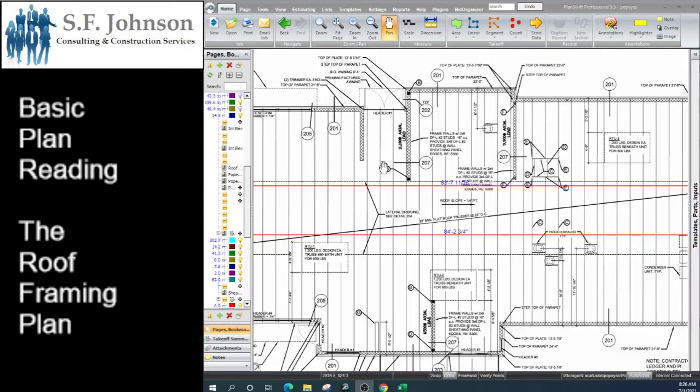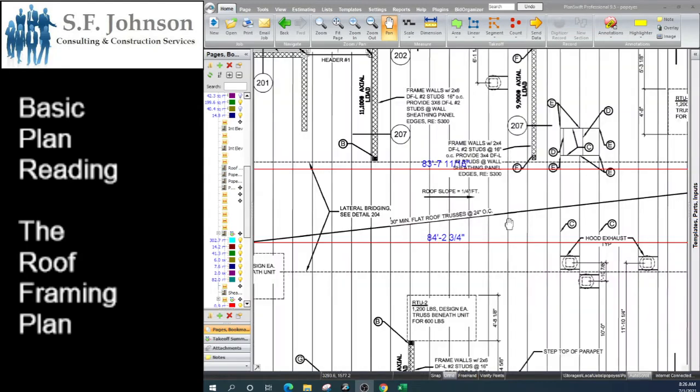The lines here represent the roof trusses, and they are manufactured to fit each roof specifically. So we know that this framing for the roof is flat roof trusses, minimum width of 30 inches, and we're placing them every 2 feet.